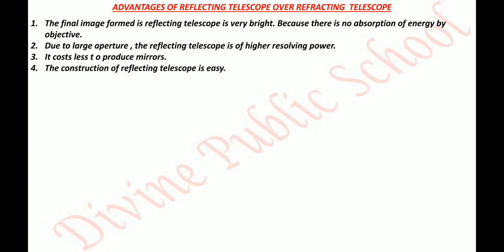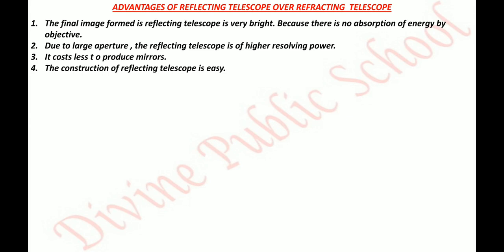So when light goes through the convex lens, there is some absorption of energy, and because of it the final image is not as bright as in the case of the reflecting telescope. The reflecting telescope uses a mirror, and in mirrors there is no absorption of energy, and therefore the final image is very bright as compared to the image formed in the refracting telescope.